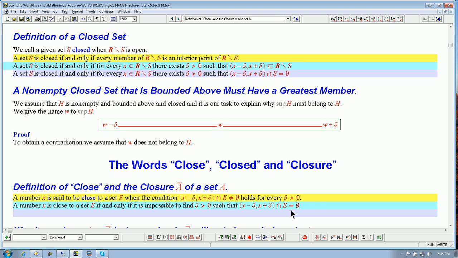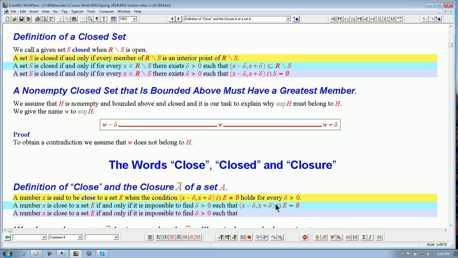Change color. A number X is close to a set E if and only if it is impossible to find delta greater than 0 such that this intersection is empty.